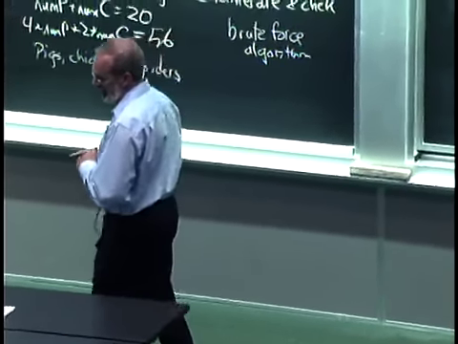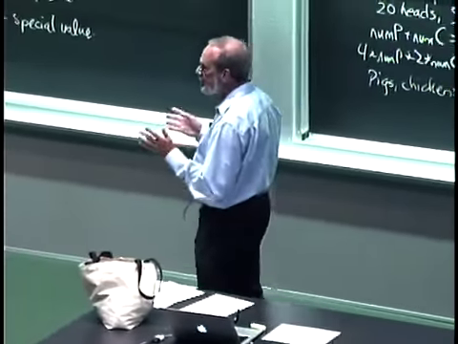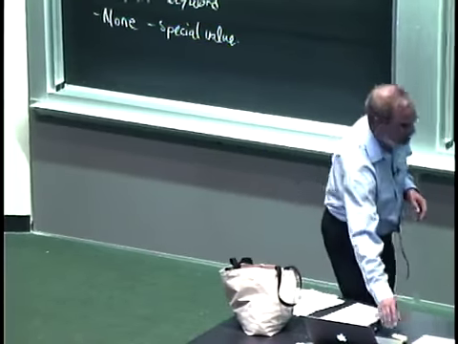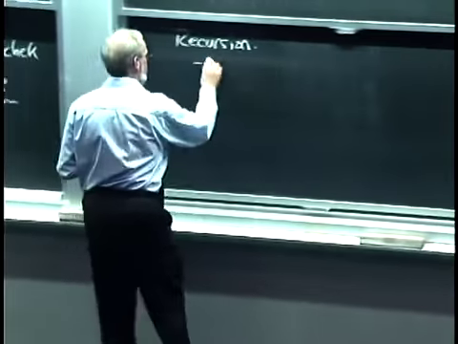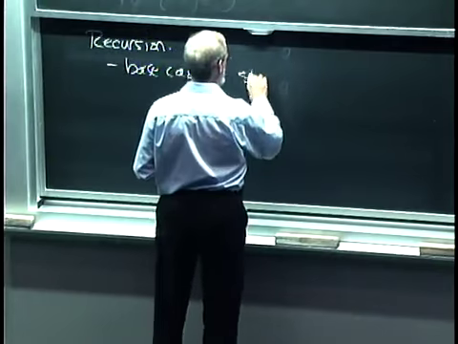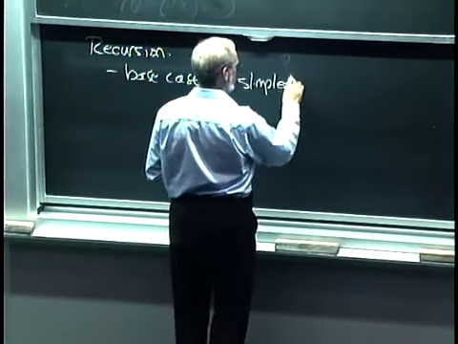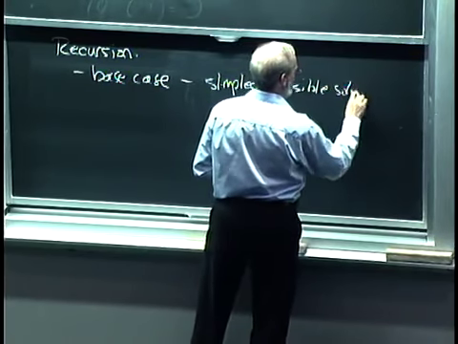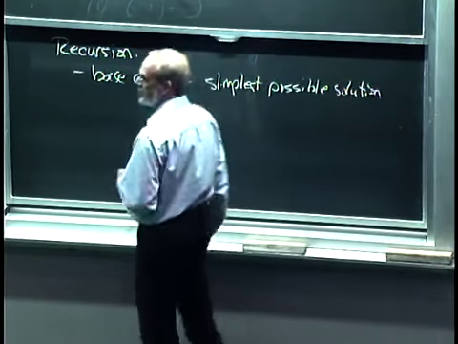So what's the definition? If you're born in the United States, you are by definition a natural-born U.S. citizen. And we call that a base case. Basically the simplest possible solution to the problem.